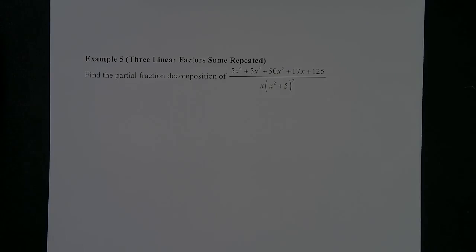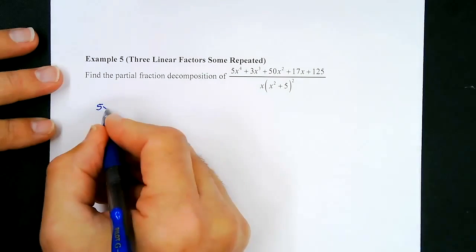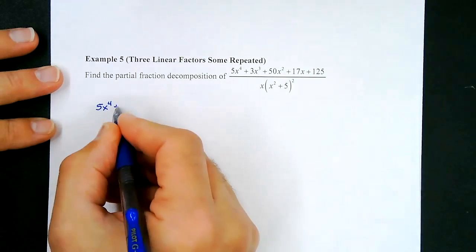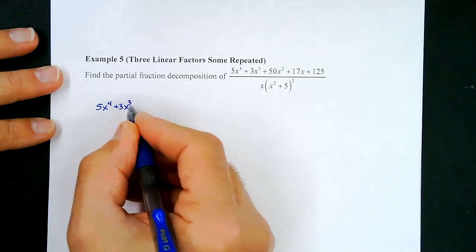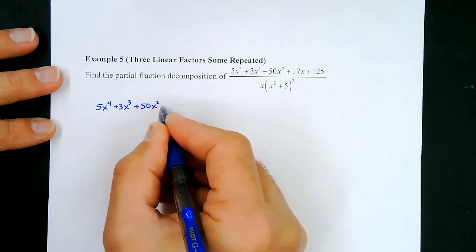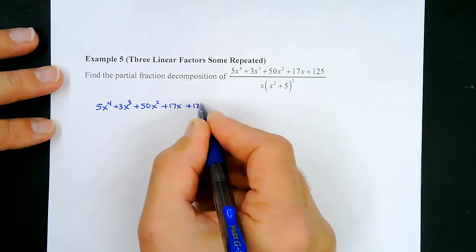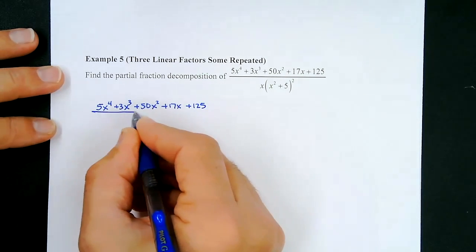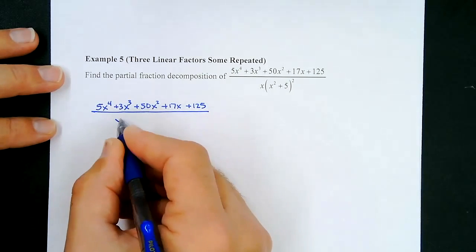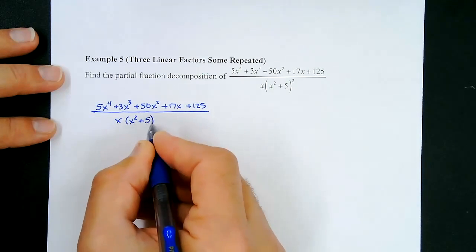Okay. And then for this one, same idea. We would have 5x to the 4th plus 3x cubed plus 50x squared plus 17x plus 125 all over, that's a big polynomial, x times (x squared plus 5) squared.